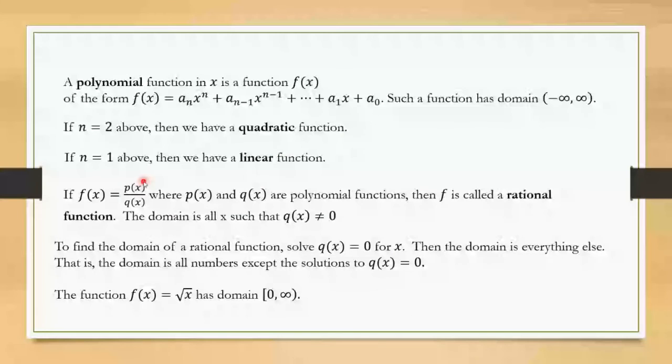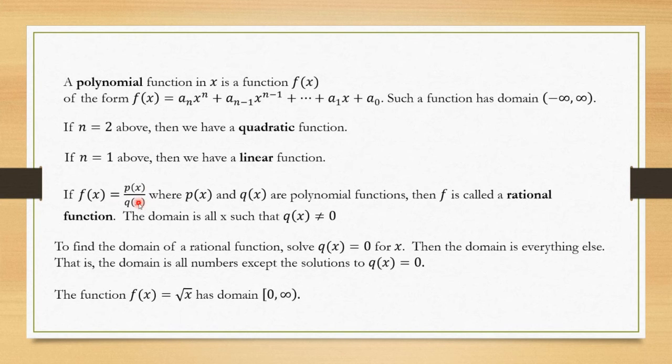Now, if you have p of x over q of x, where p and q are two polynomial functions, this is what we call a rational function. One polynomial over another.